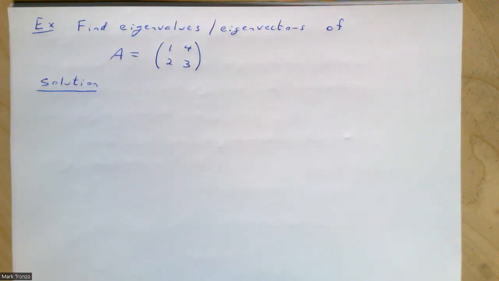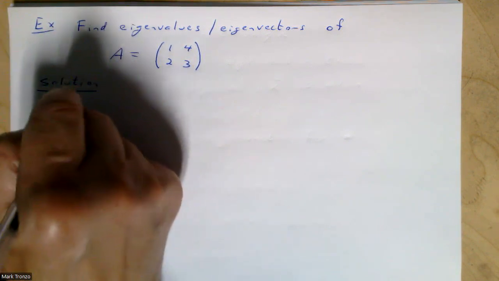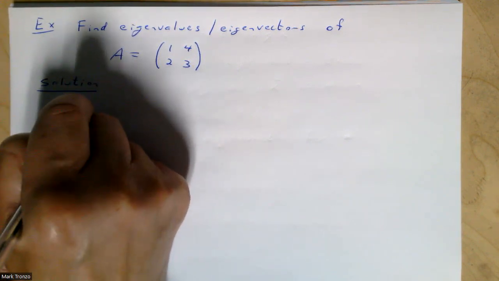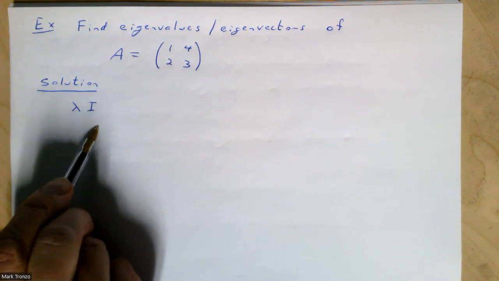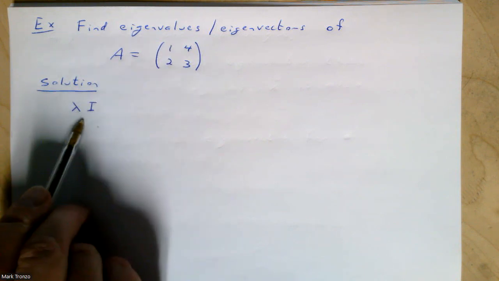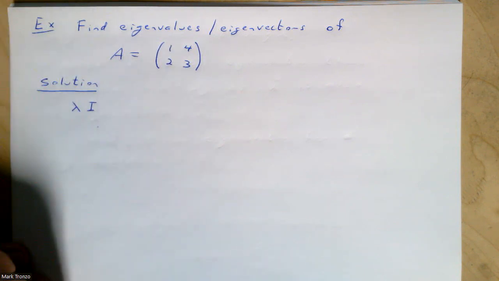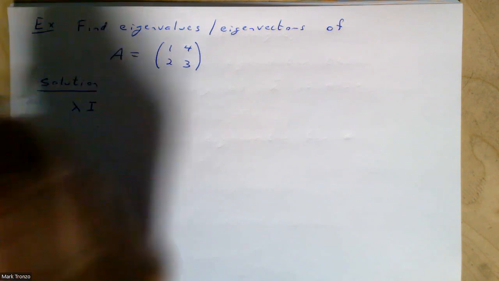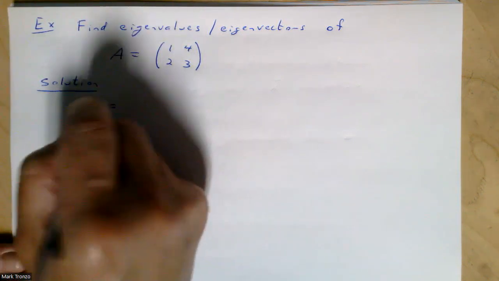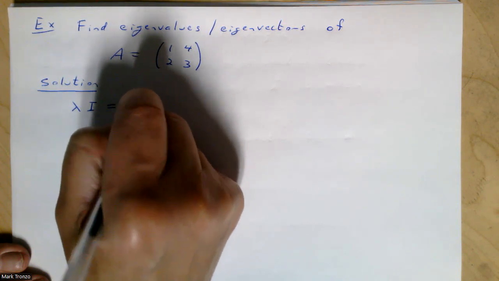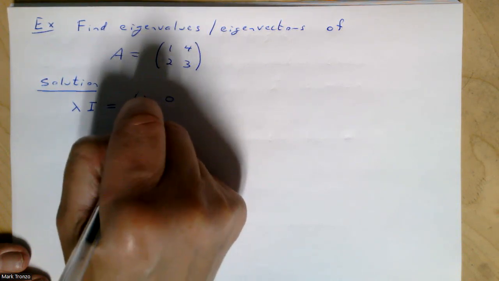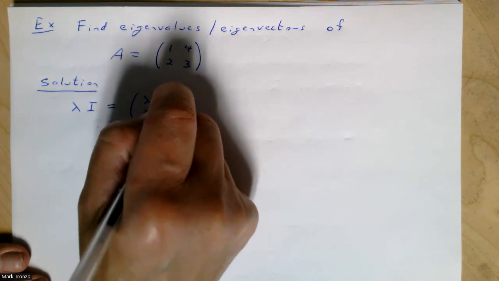So again, one way to do this, let me go through the steps here. Let's multiply lambda by the appropriate identity matrix. Since this is a 2 by 2, we'll use the 2 by 2 identity here. And so we multiply this out, that's going to be lambda, 0, 0, lambda.